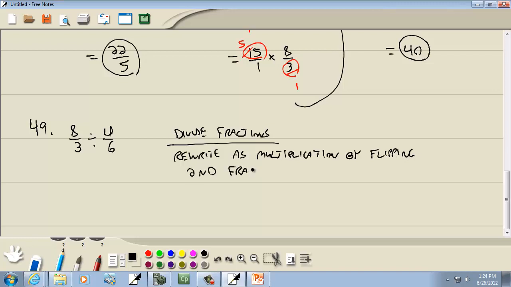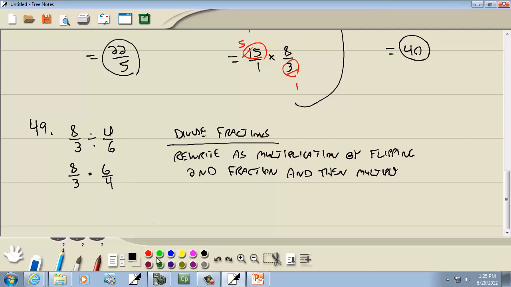We're talking about the fraction that follows a division symbol. And then multiply. So nothing exciting there. So the 8/3 remains as is. We rewrite it as multiplication by flipping the second fraction. So this becomes 6/4. Now that's called a reciprocal.